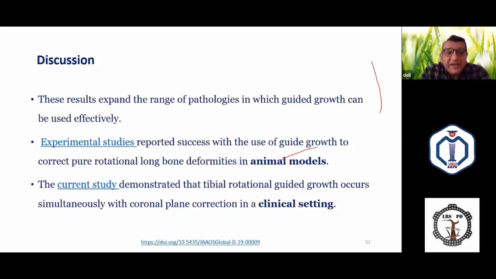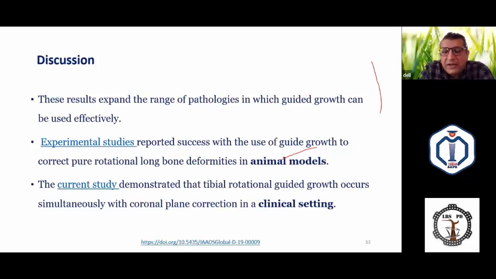Concerning the derotation, we have experimental studies. It's not my study, but you can click on it and read the details. It's on an animal model. It concludes that rotational deformities in long bones like the femur can be managed by guided growth, by orienting the plate in a certain direction, and then it can eventually lead to gradual correction of the rotational deformity.